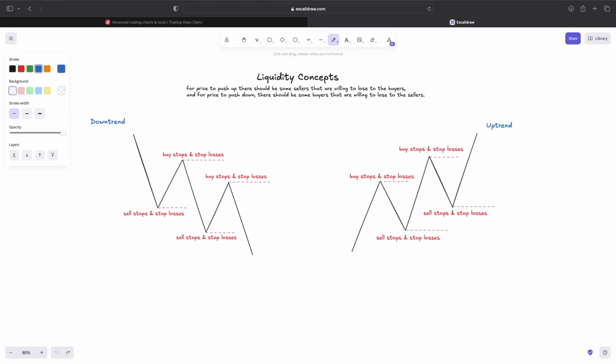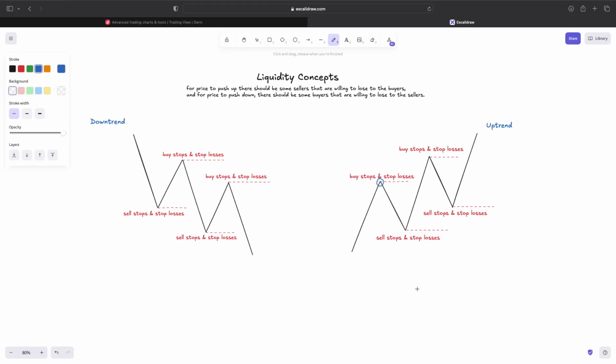But now we understand that whenever price tries to invalidate a low, it's simply because there is a lot of liquidity below that particular low. Now the same is true in terms of an uptrend. Whenever people tend to sell from the highs, they'll be selling with the idea that price will significantly push to the downside.